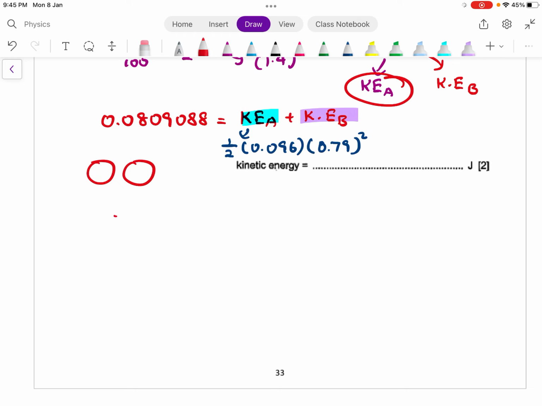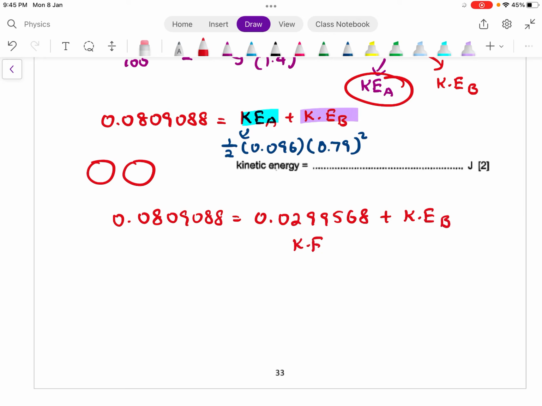So 0.0809088 is equal to 0.5 times 0.096 times 0.79 squared. So this will give me 0.0299568 plus the kinetic energy of B after collision.